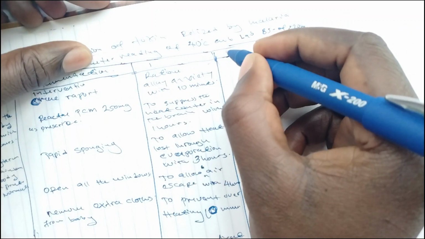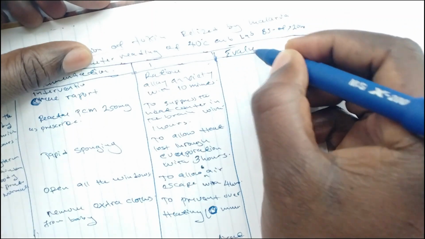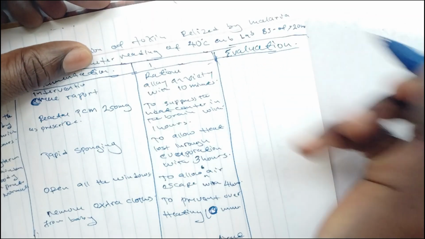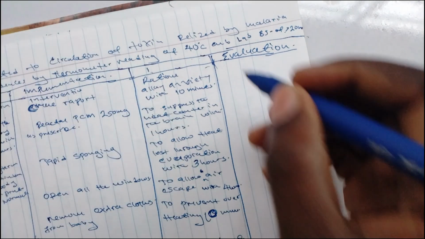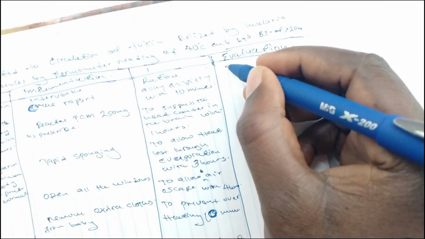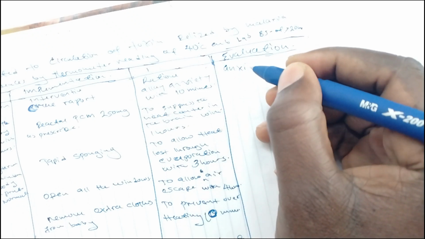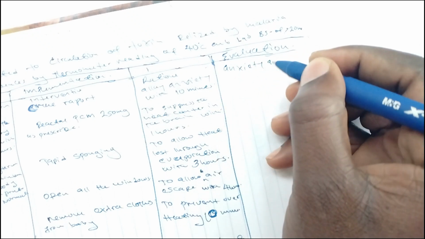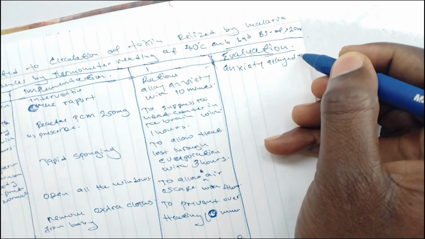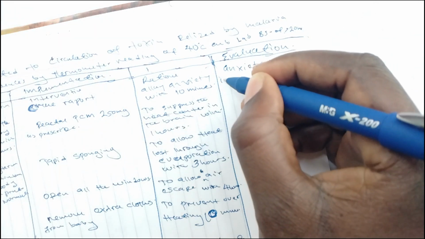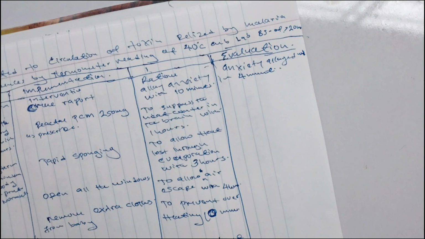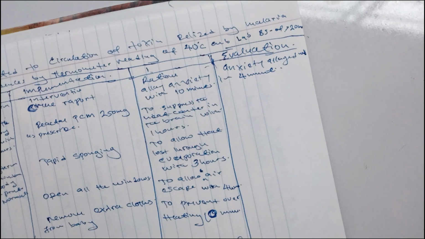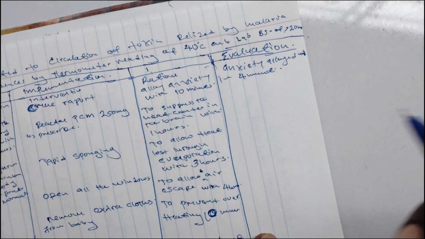So we go to evaluation. Evaluation is looking at your plan, what you have done, if it has all worked. So here you can come and say anxiety allayed within 4 minutes. You know, mothers with the baby, if they can accept things very fast, they will not give you a hard time.